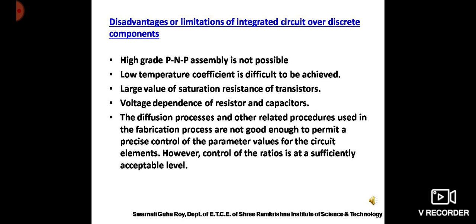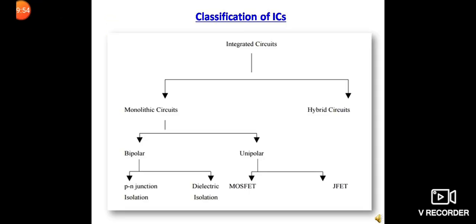So the steps we use to fabricate ICs are very sophisticated and critical, and in some cases precise control of the parameters is not possible. All these are the limitations that we have to keep in mind while using ICs.